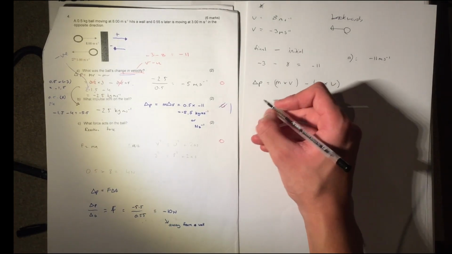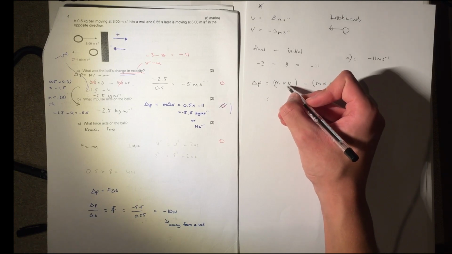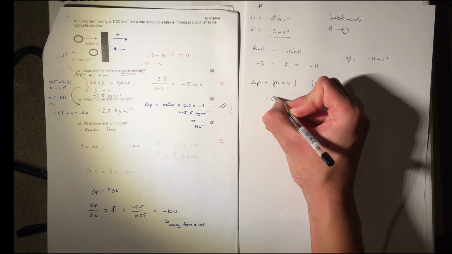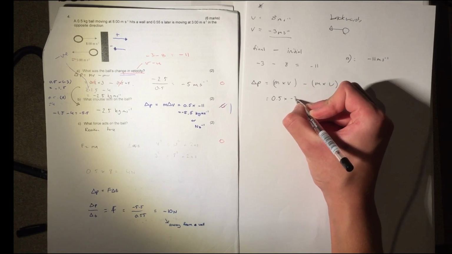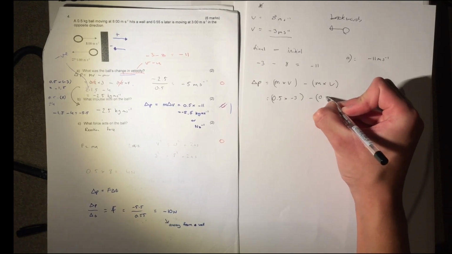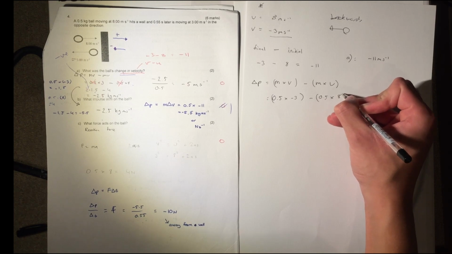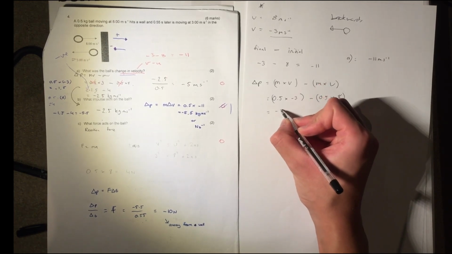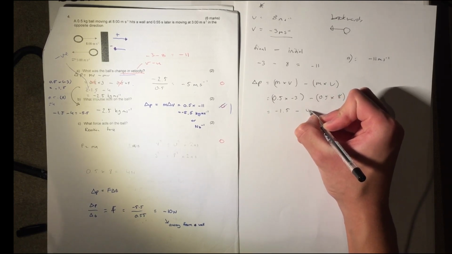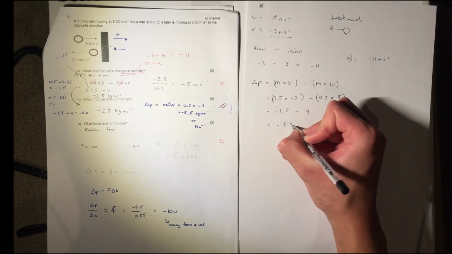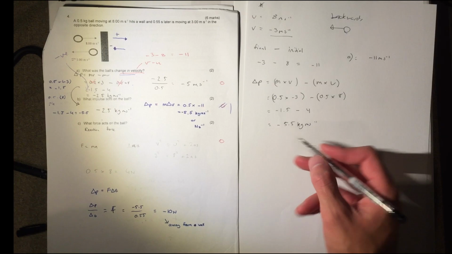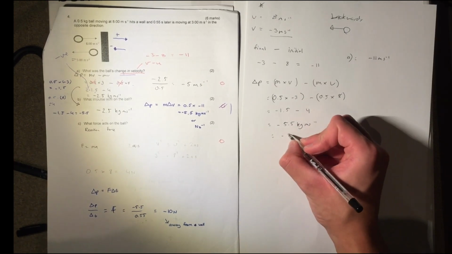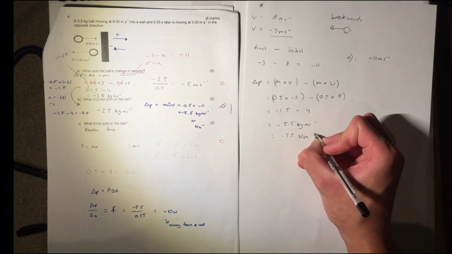Because the final velocity is negative 3, we have 0.5 kilo ball, so 0.5 times negative 3, minus 0.5 times 8, equals negative 1.5 minus 4, which equals negative 5.5 kilogram meters a second to the minus 1, or equals minus 5.5 newton seconds, because that's the units of the thingy.